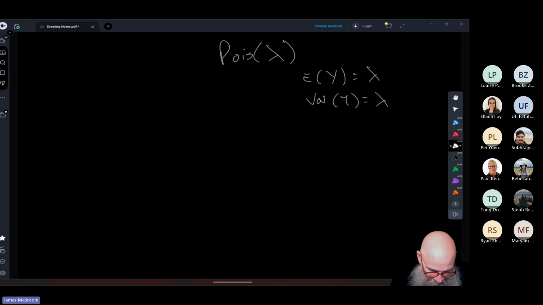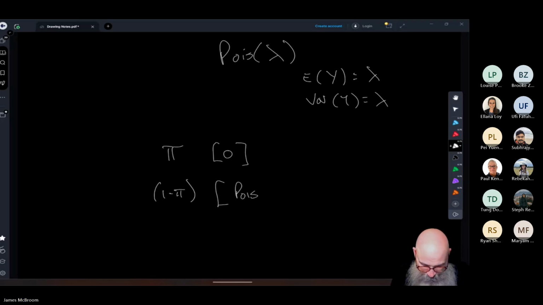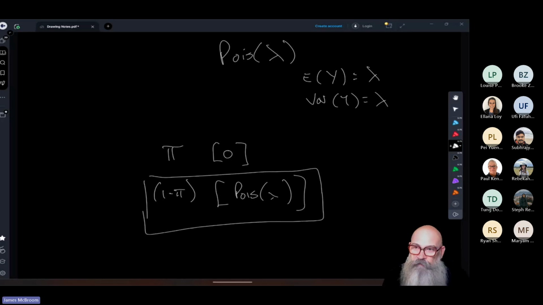You've got a probability pi of belonging to a group that generates the extra zeros, and then you've got 1 minus pi probability of being in the group that does the Poisson counts. This picture shows you how the explanatory variables, the sex of the parent and whether it's a deprived or satiated food regime, predict being in this Poisson count category.